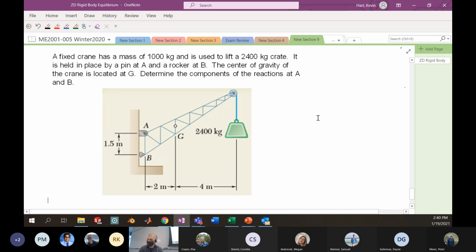So we've got this crane here, mass of 1,000 kilograms, used to lift a 2,400 kilogram crate. Held in place by a pin at A, okay, important, and a rocker at B. Center of gravity of the crane is at G. Determine the components of the reaction at A and B.